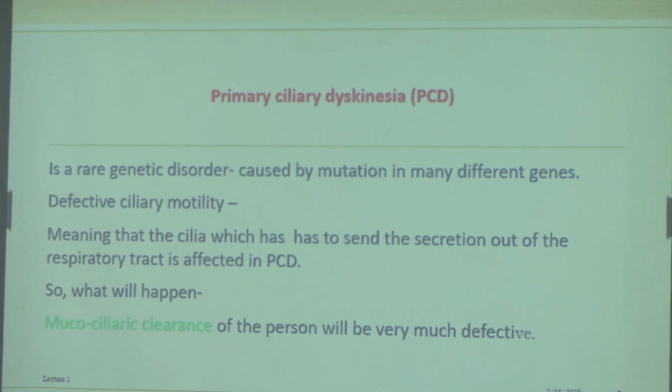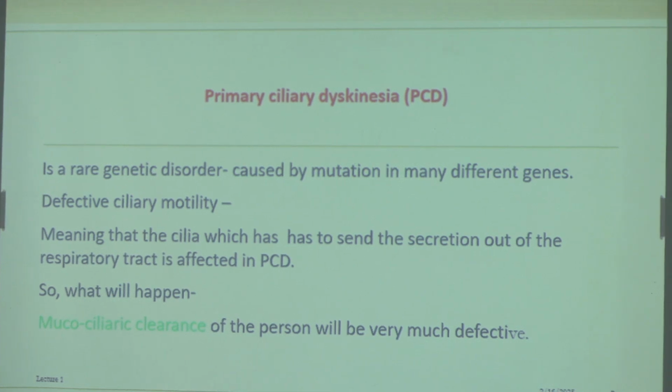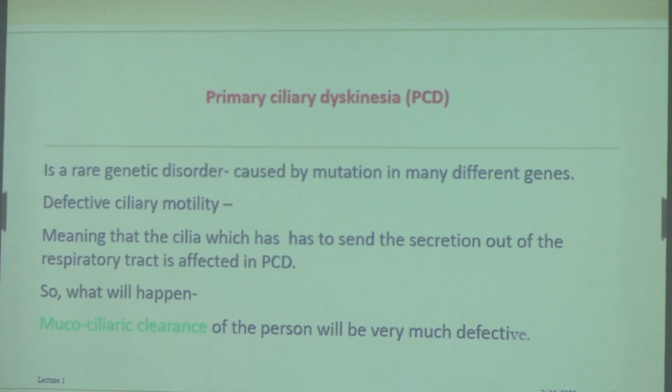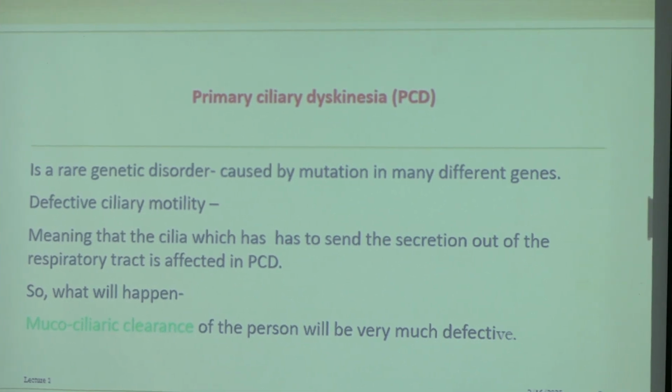That is why I mentioned here, not only a single gene is responsible for the development of PCD, there are multiple genes. In those genes, mutation occurs and mutation leads to PCD. But if you see the other characteristics of PCD, that is defective ciliary motility.